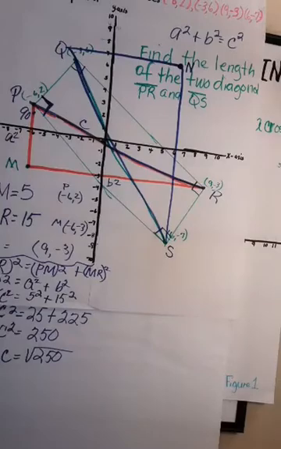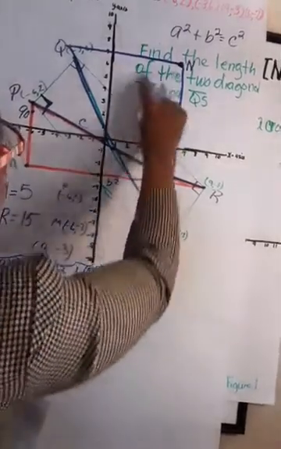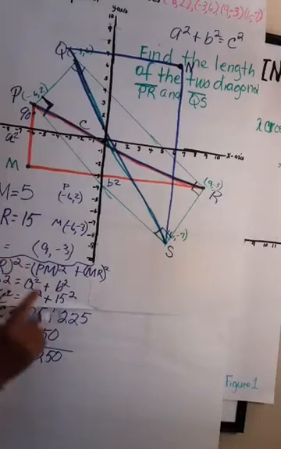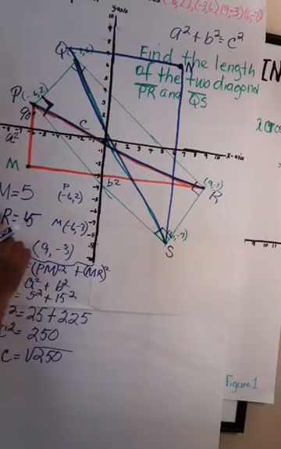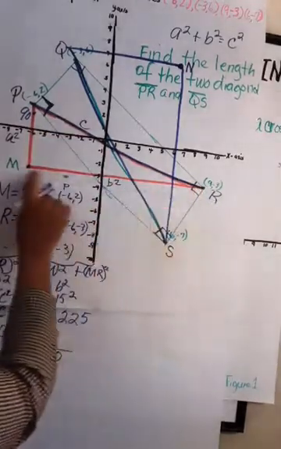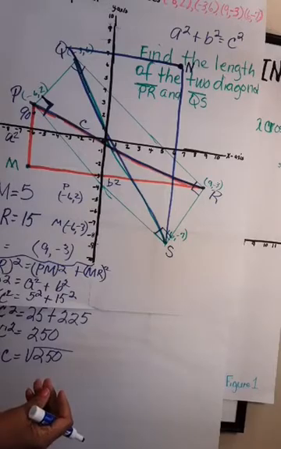The next one is going to be SQ. Because see, this one right here, we found this piece. We found that PR, this particular one here, was the square root of 250.